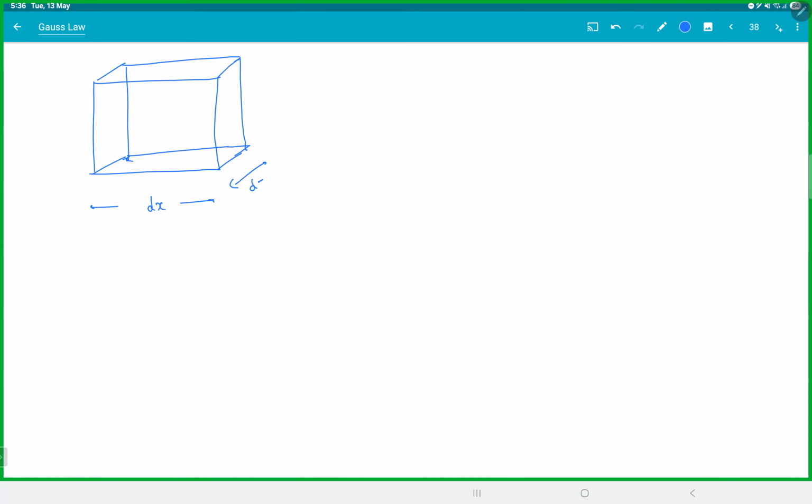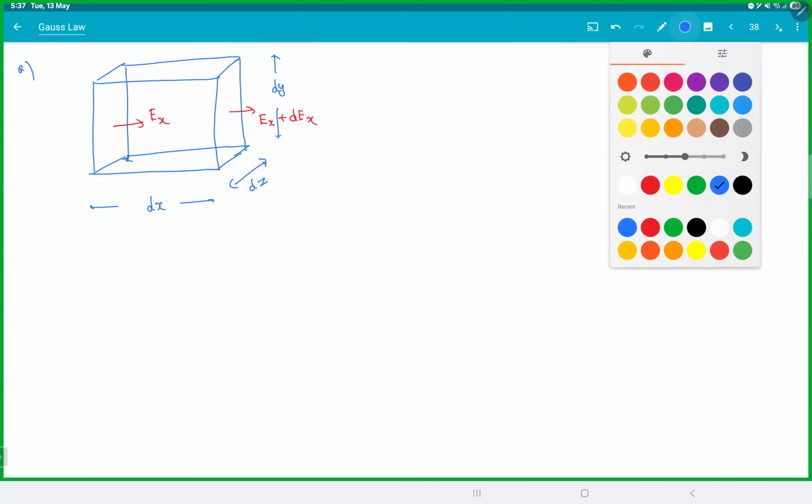This is your dz. This is your dy. Now see, just look at the field in the horizontal direction. So here the field will be Ex, the horizontal component of field. Here the field will be Ex plus dEx. So if you travel a small distance dx, the field will increase by dEx.